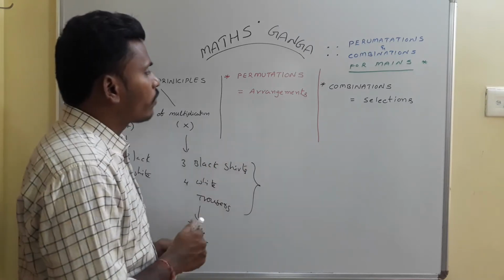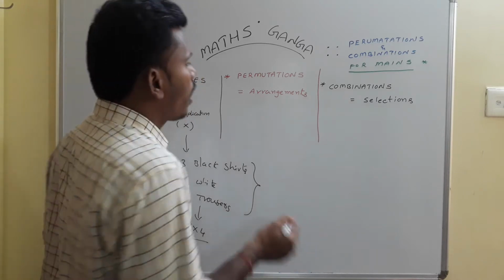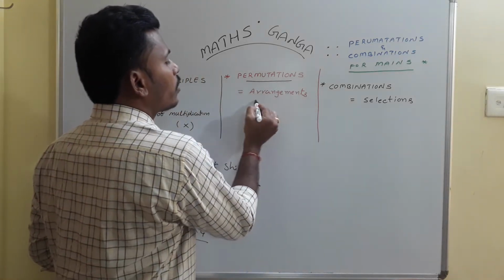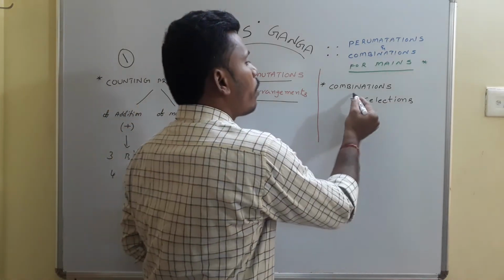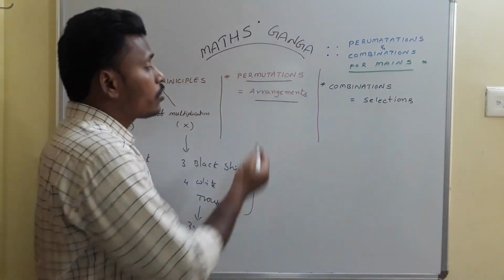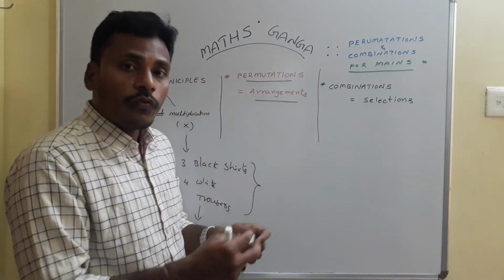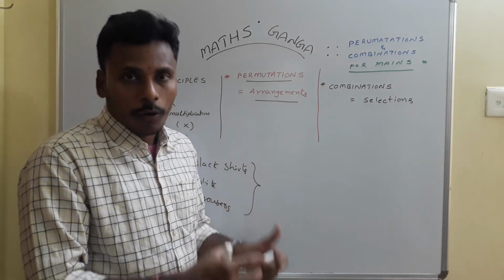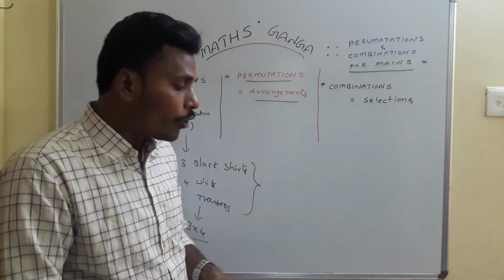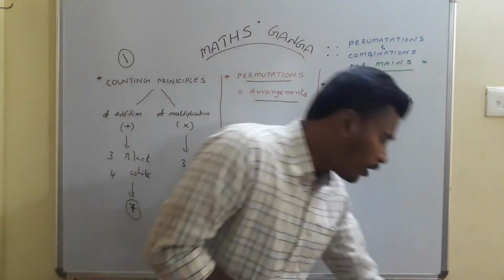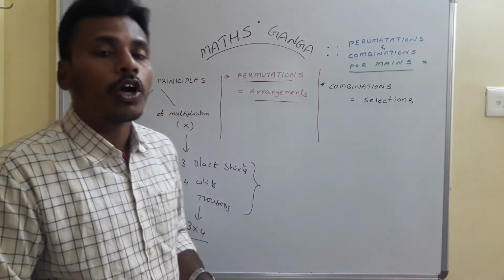Coming to permutations, permutations is nothing but usually arrangements, whereas combinations means selections. In situations where we are going to arrange the given objects, we need to use permutations. And in situations where we are going to select objects, we have to use combinations.